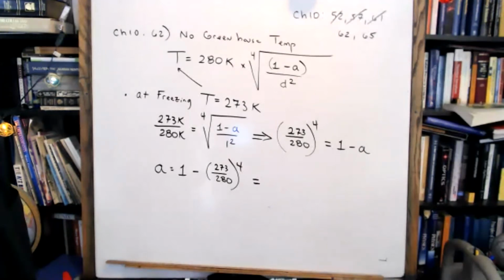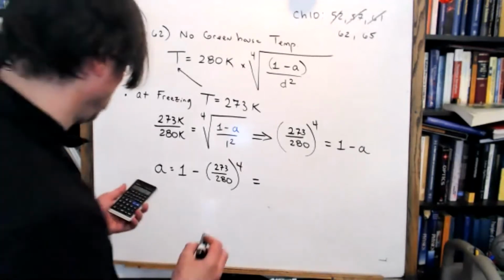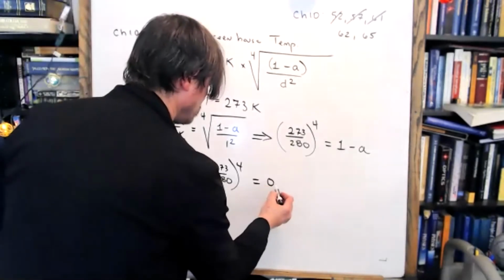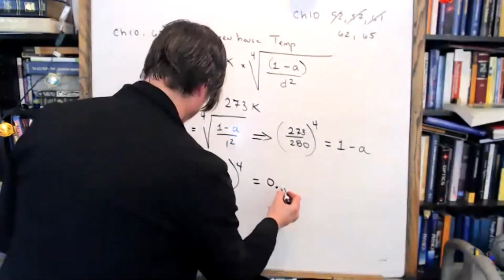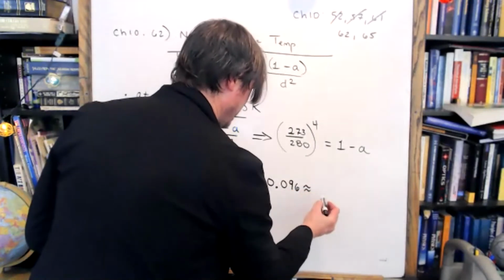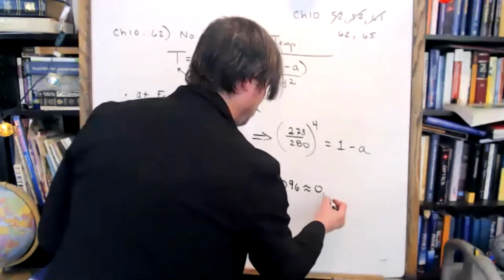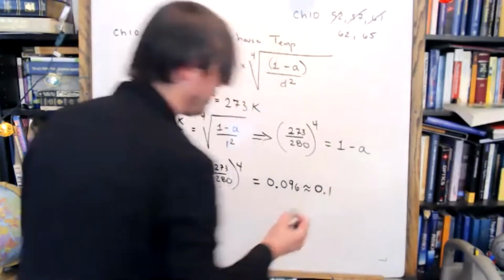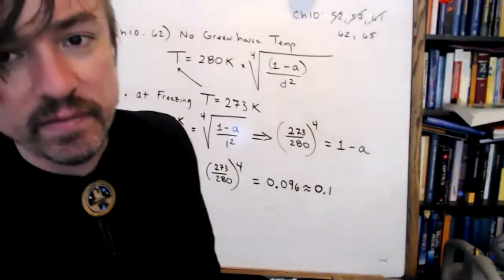I got 0.1, basically 0.096, which is approximately 0.1 or 10% albedo.